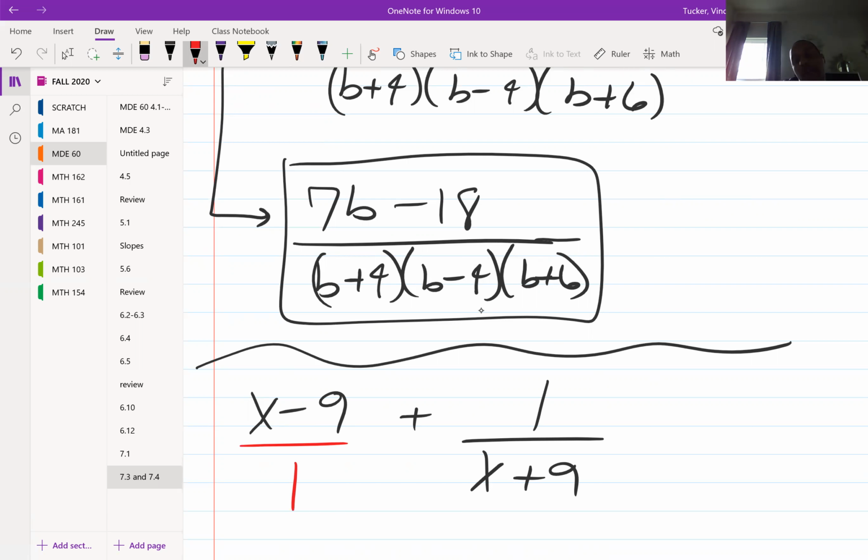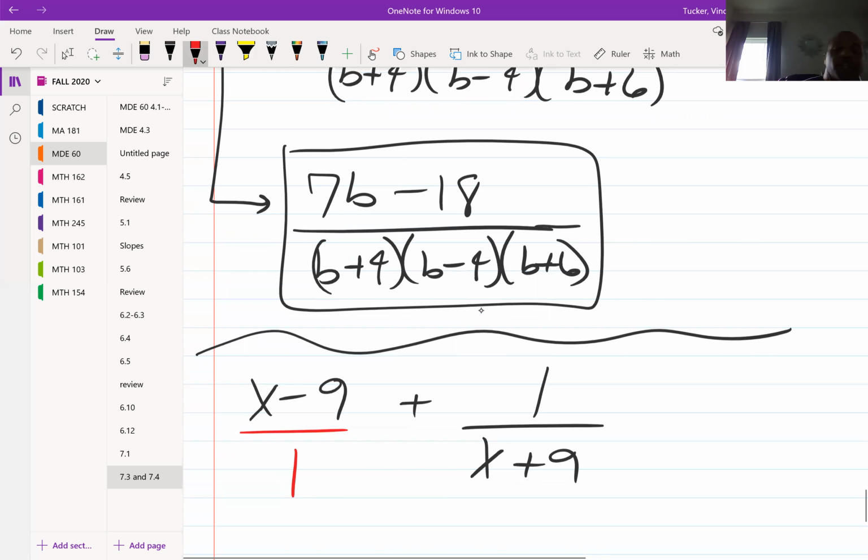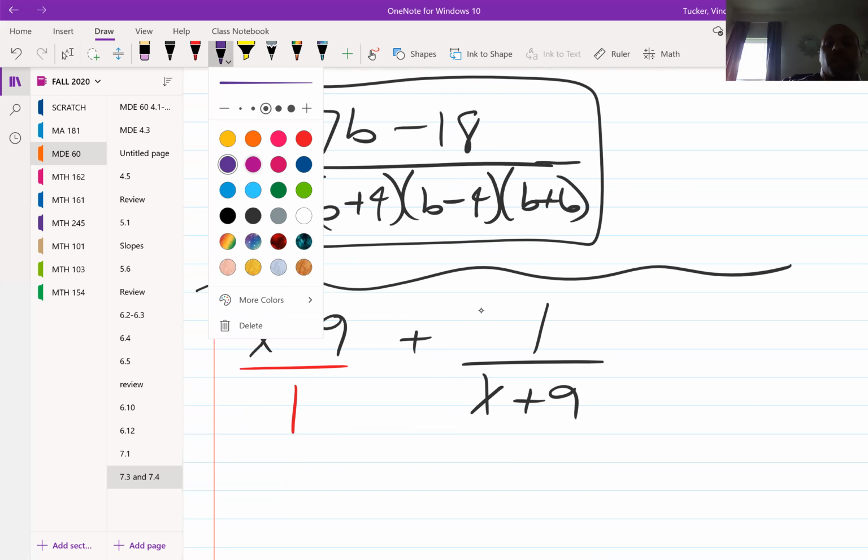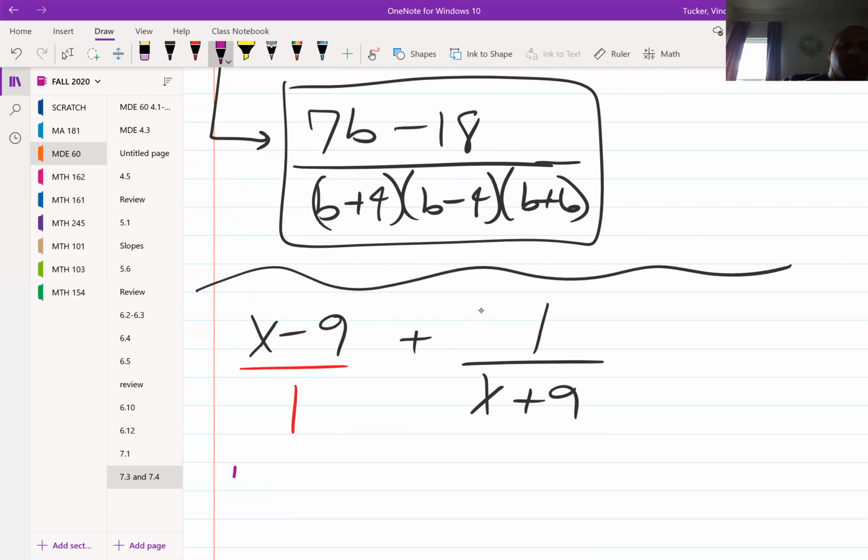A number without a denominator is always assumed to have a 1 under there. So x - 9 has a denominator of 1. And if that's the case, I can multiply both top and bottom by the LCD of x + 9.